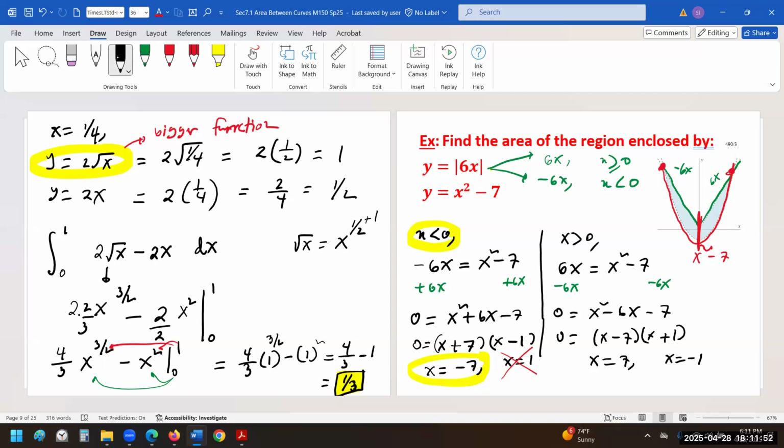For this side, which solution do we accept? 7, because we are looking for the x value which is positive, and this fulfills the requirement. X equals negative 1 is negative, so you have to skip that. That means the two intersections we have are x equals negative 7 and x equals positive 7.